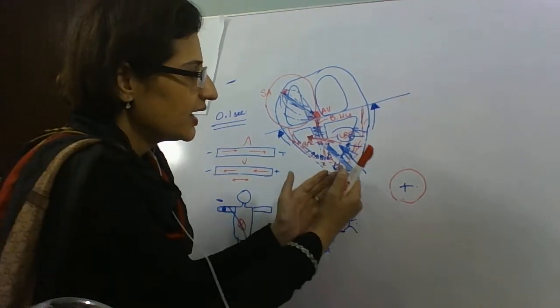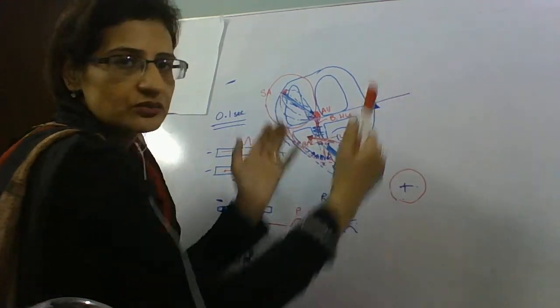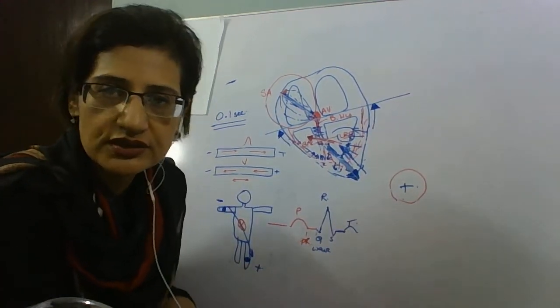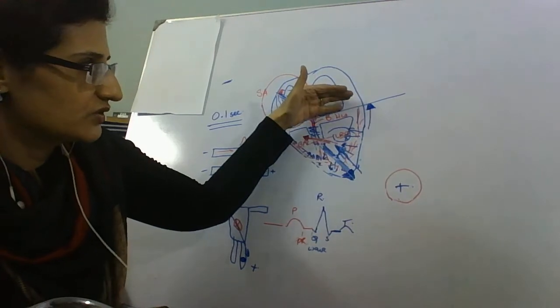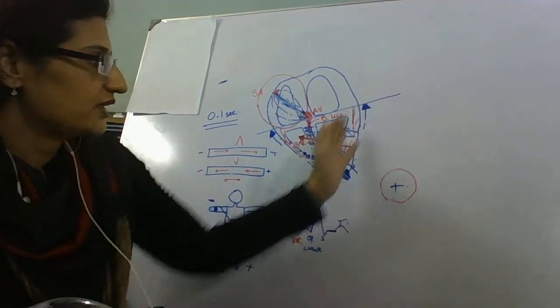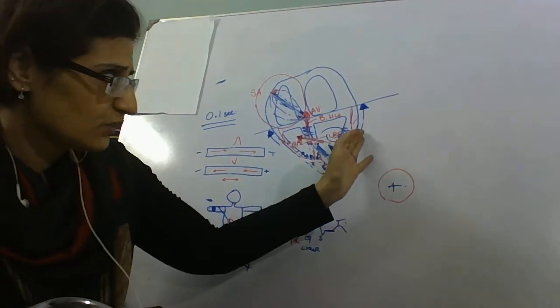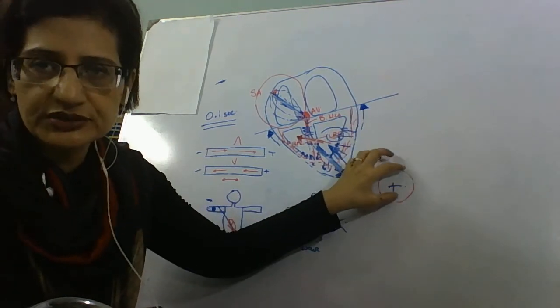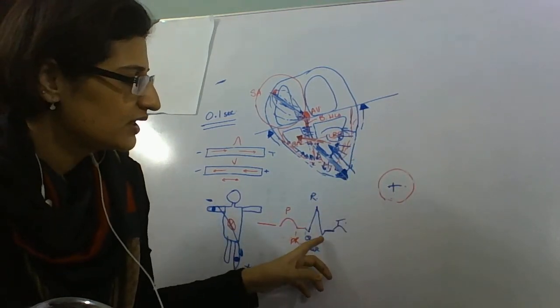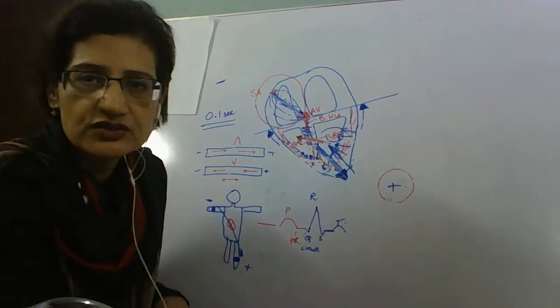And then as the Purkinje fibers move around along the walls of the ventricles towards the base of the ventricles, they go in the opposite direction. So the net vector is opposite to the positive eye, and that would be in the form of the S wave.